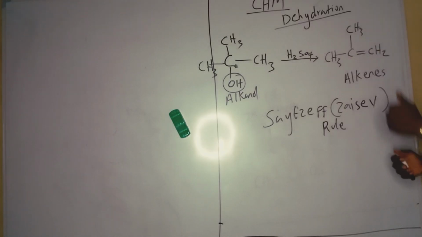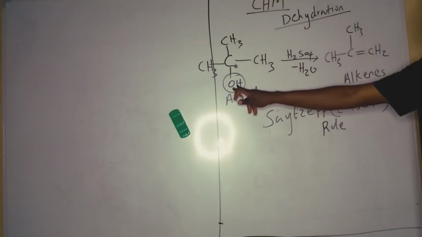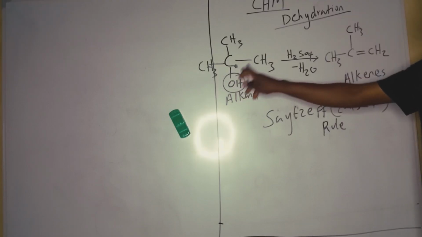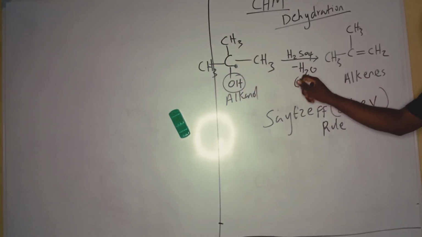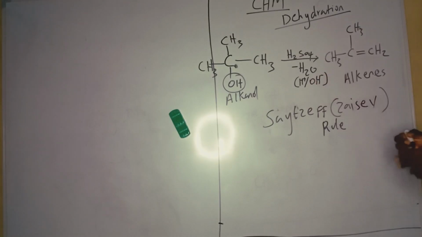Here we are looking at dehydration because we are losing water. We are losing OH from the alcohol carbon, the tertiary carbon, and H from an adjacent carbon. Remember, water consists of H plus and OH.